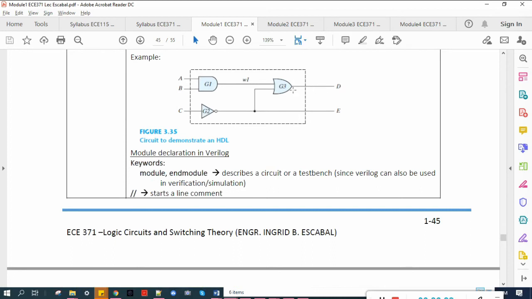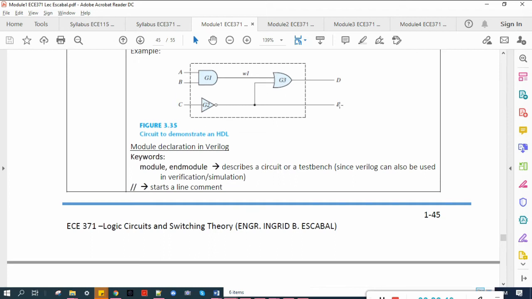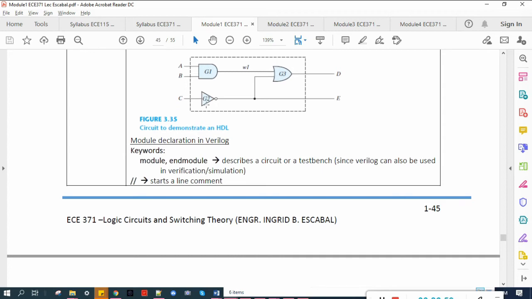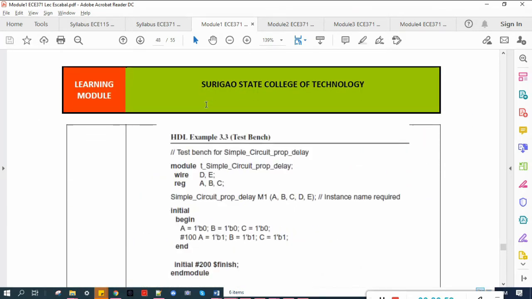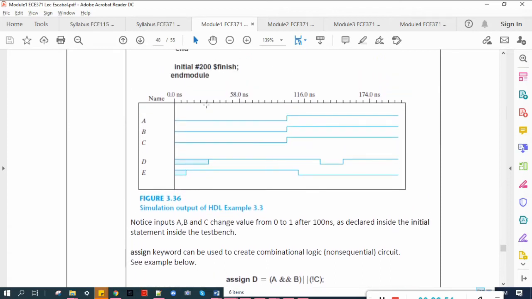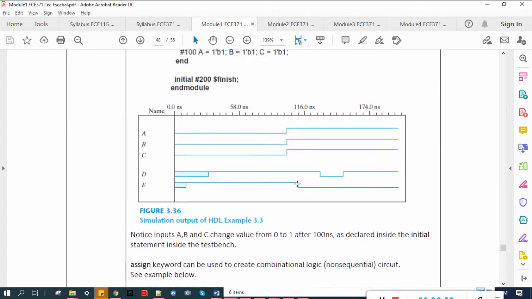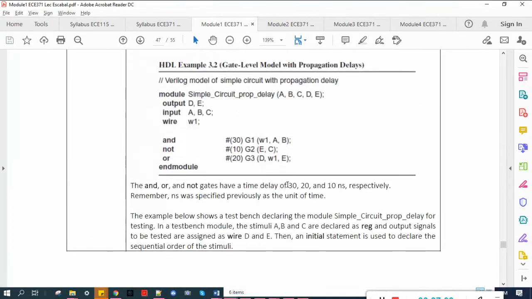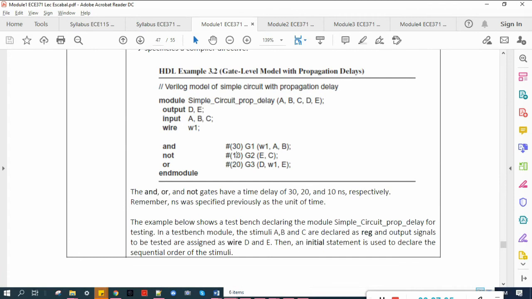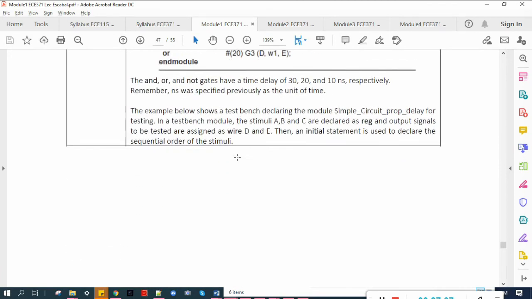So D is affected by the delay for all of the gates, while E is affected by the delay in the NOT gate, which is 10 nanosecond, right? 10 nanosecond delay.